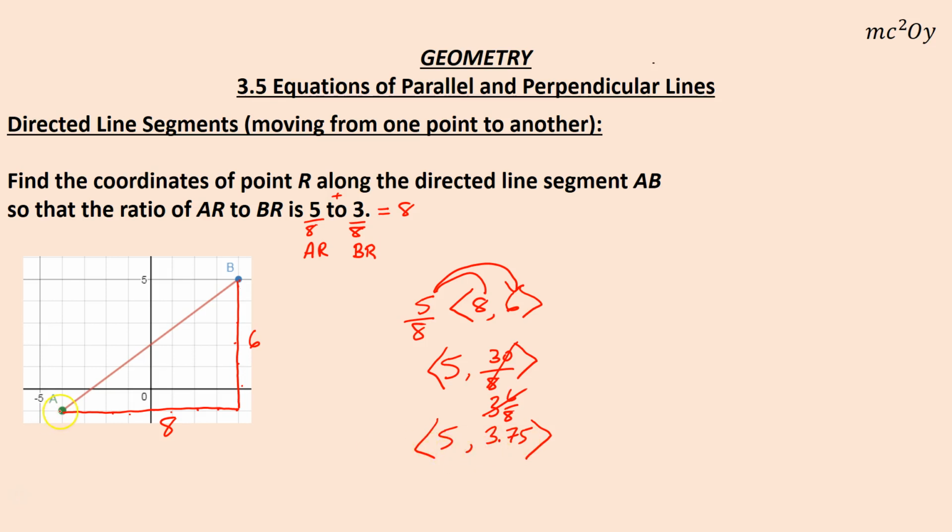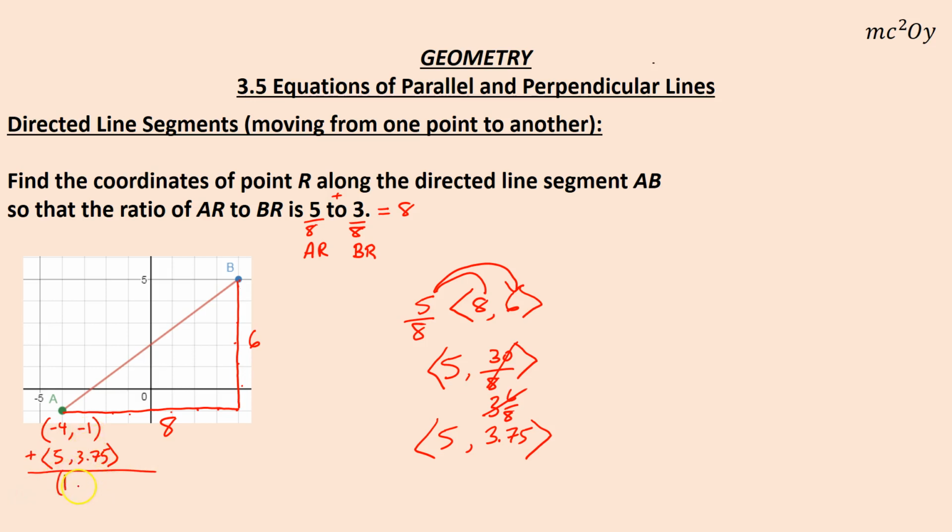Okay, so we've got to go back to point A, and point A is at, in this case, 1, 2, 3, 4, negative 4, and negative 1. And we're moving 5, 3.75. Which means we have to add those. So we get negative 4 and 5 is 1.